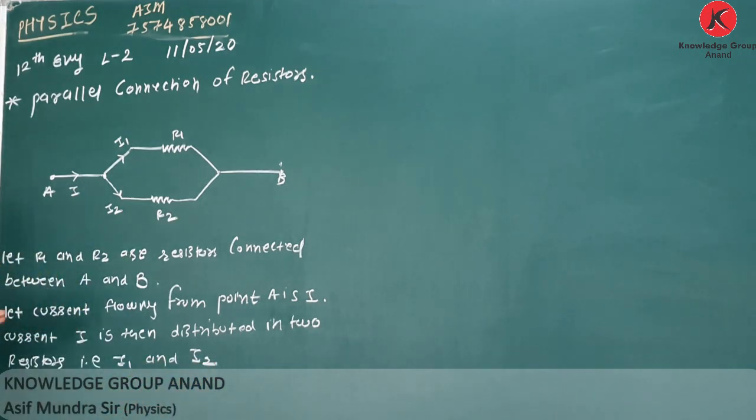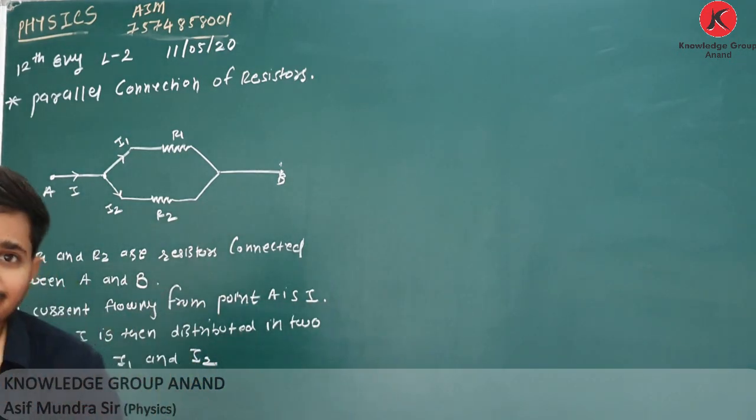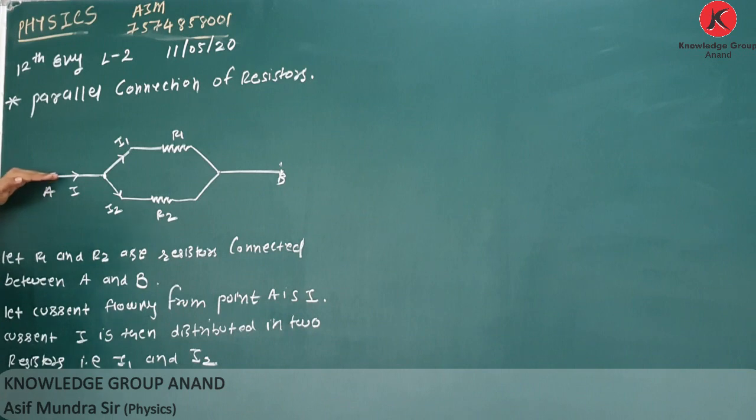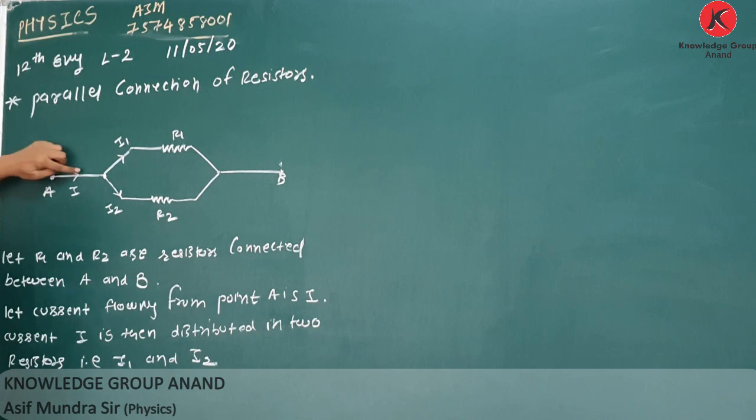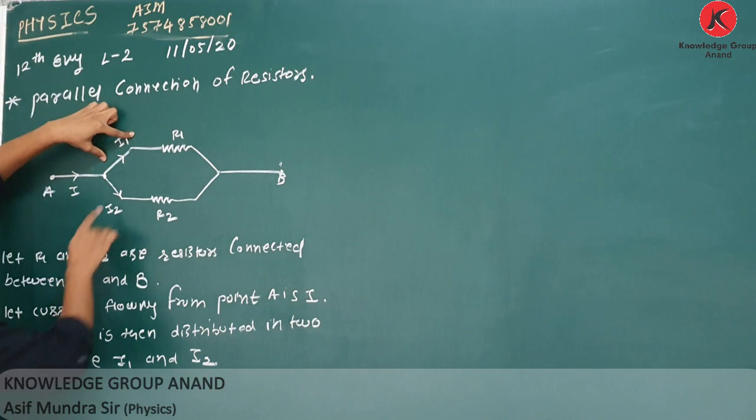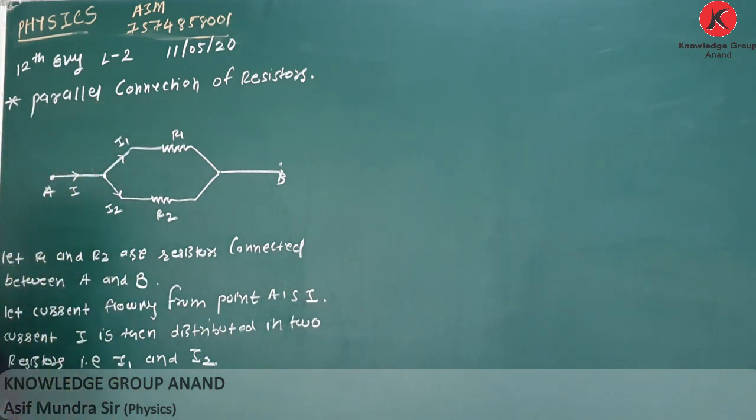According to the law of conservation of charge, the charge entering this point is equal to the charge in these two branches. For example, if the charge flowing from point A is 100, and the charge flowing through the first resistor is 60, then what is the charge flowing through the second resistor? 40. 100 total, 60 from this, so 40 from this. Charge flowing per unit time is called current.